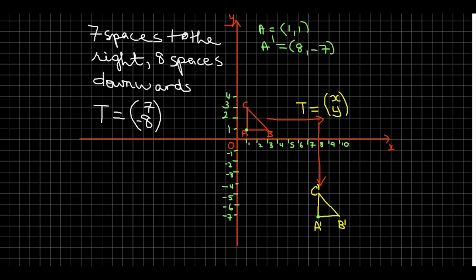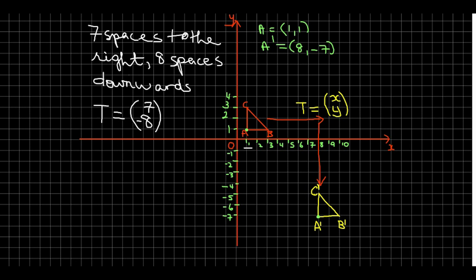Anyway, so yeah, slide to the right, a total of 7 spaces. And when I talk about moving 7 spaces to the right, it's because my point A is at 1 on the x-axis, and then A prime is on 8 on the x-axis. So this is how I can tell it's 7 spaces to the right that I'm moving. And then I have to count how many spaces I move downward.